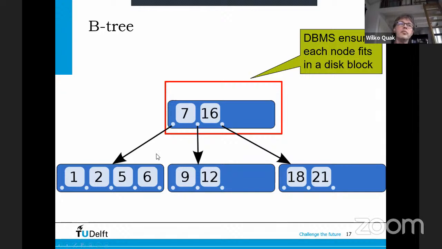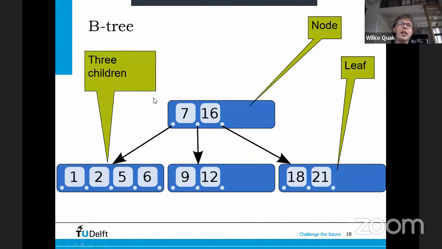So here you have again the numbers that are stored, and so basically it's still disk blocks with numbers in them, but in a different way. This is called a tree, and each block is called a node of the tree, and these blocks have children. This one has 3 children, and here at the bottom, it's called a leaf of the tree.